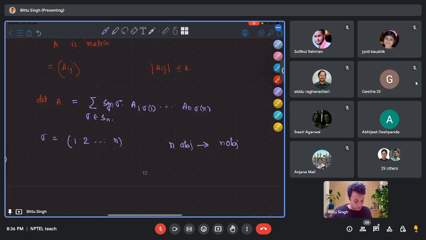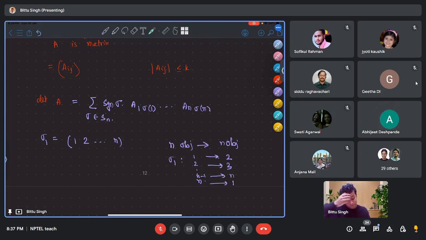For example, here this sigma 1 denotes this map: 1, 2 up to n, and send 1 to 2, send 2 to 3, and up to n minus 1, send n minus 1 to n, and after that send n to 1.